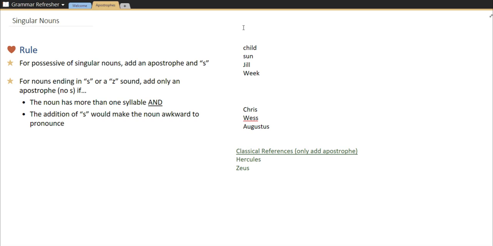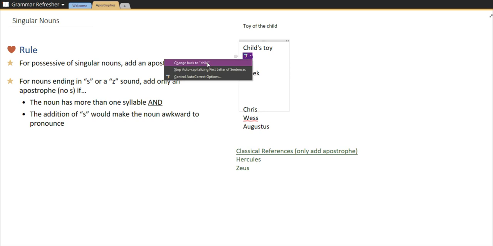So if I say the toy of the child, I want to flip that around and make that shorter and use a possessive form of child. So to do that, I would write that as child's toy. And it auto capitalized here, so I'm going to turn that off. Next, what if we had the phrase ray of the sun?